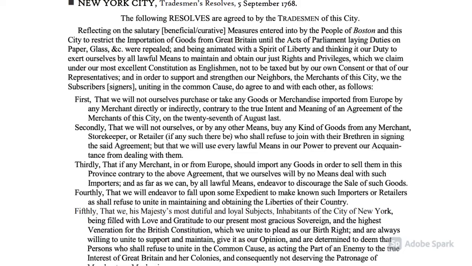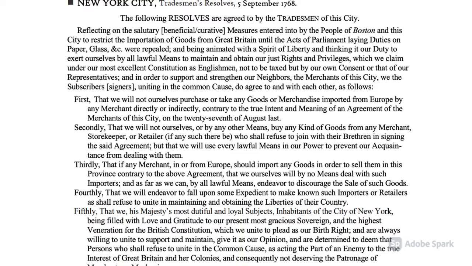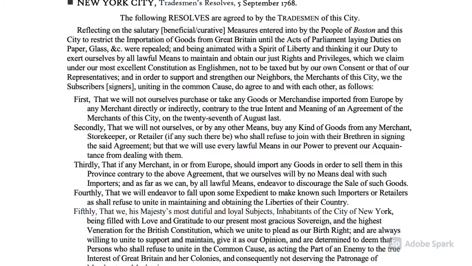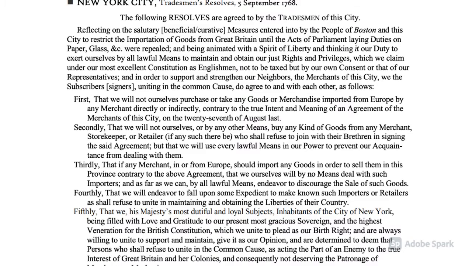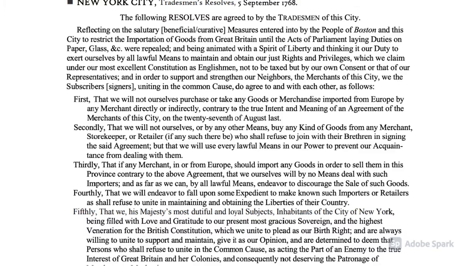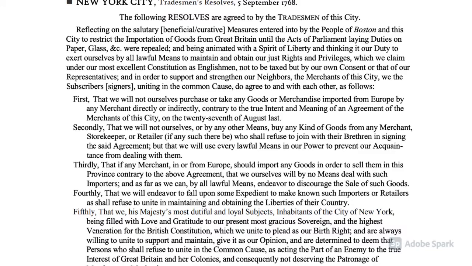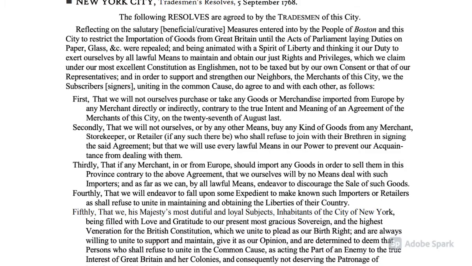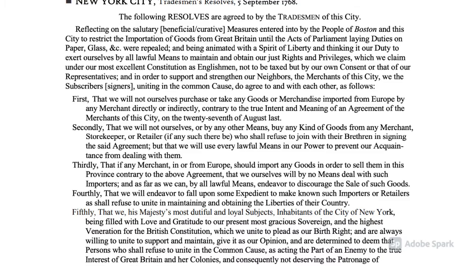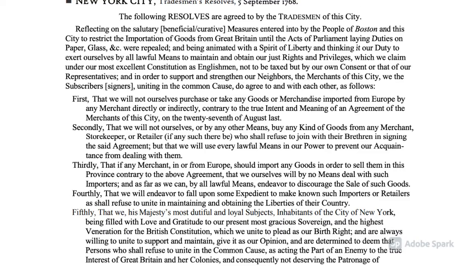But it's basically saying that they are being used for the benefit of the crown, and it is not any way to treat their loyal subjects, and it is not in the best interest of the colonies, and they want no part of it. So as you can see, there's a little bit of conflict here between the colonists still wanting to be loyal subjects to the king, but also struggling with this concept of taxation without representation.